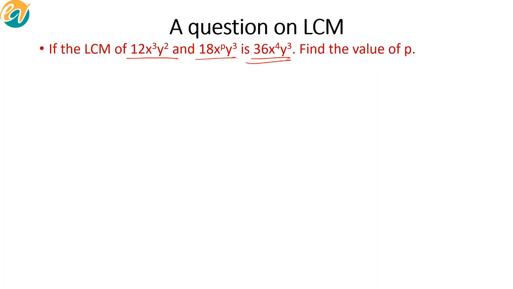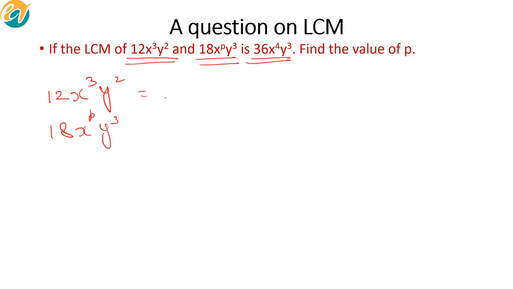Let's again express each of these as prime factors. So 12 x cube y square, and then what do we have? 18 x raised to the power of p y cube.